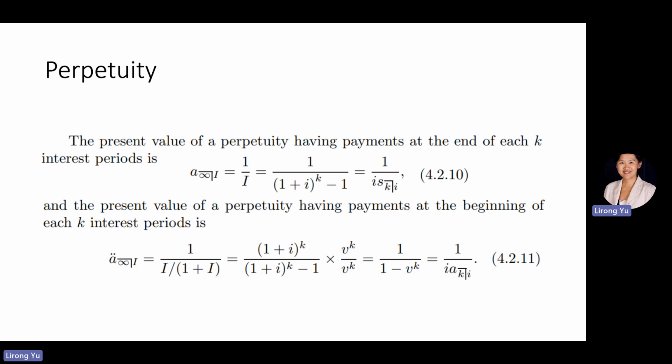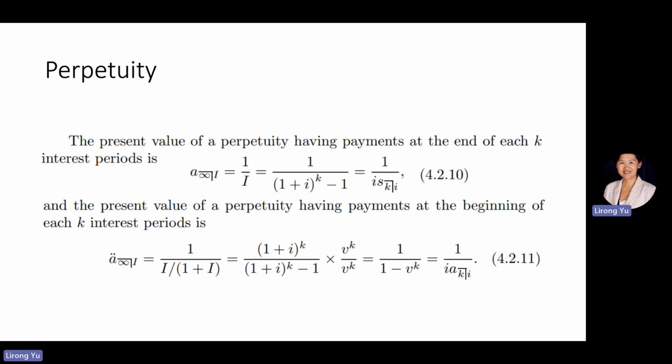So in this case, 4.2.10 is actually a-angle-infinity with lowercase i over s-angle-k, since the payment period is finite, but for perpetuity, the number of payments is actually infinity. For annuity immediate, it echoes what we learned before. If you are calculating annuity due, you switch the s-angle-k in the denominator to an a-angle-k in the denominator. Everything else will be the same.